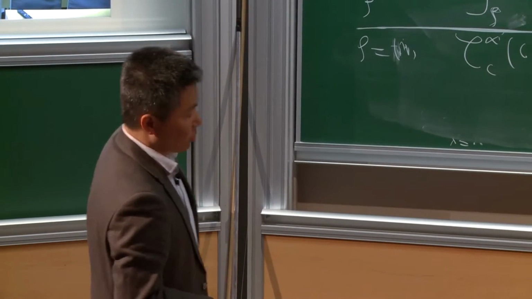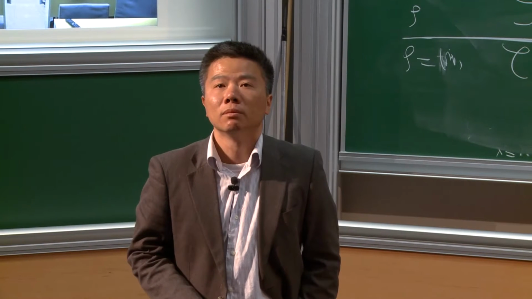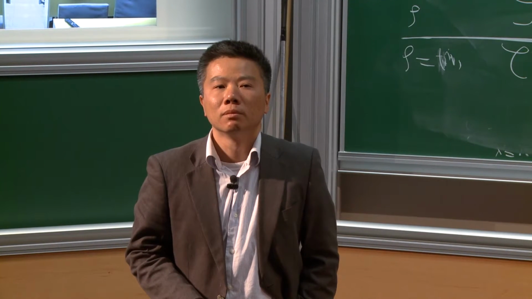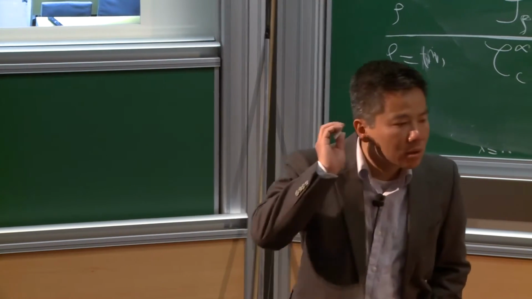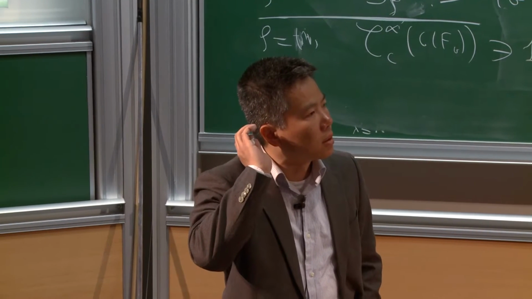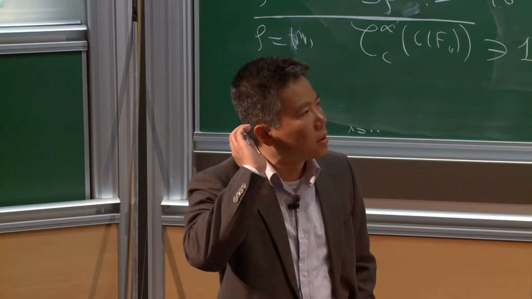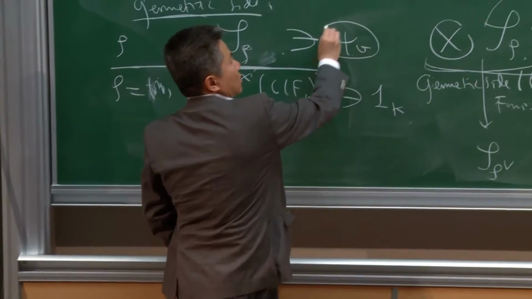So what is this tensor product? You wrote the tensor product of Schwartz spaces. So what is this tensor product? Oh, the tensor product makes sense because you have this basic function.